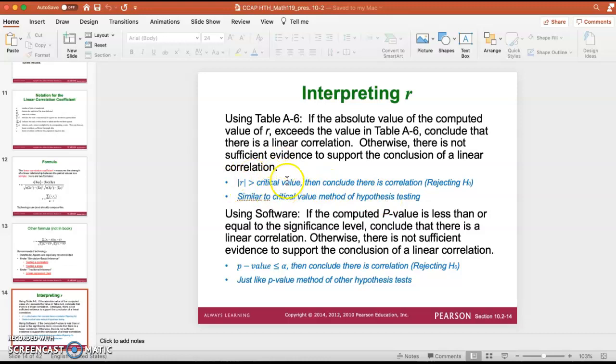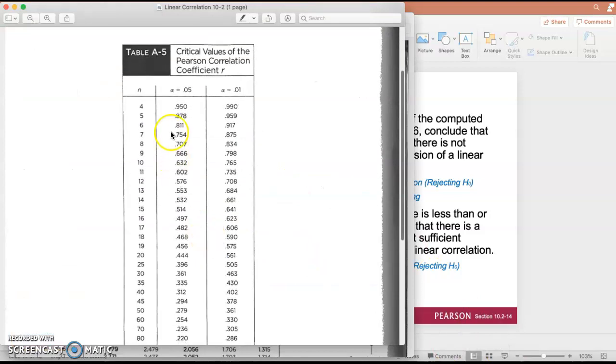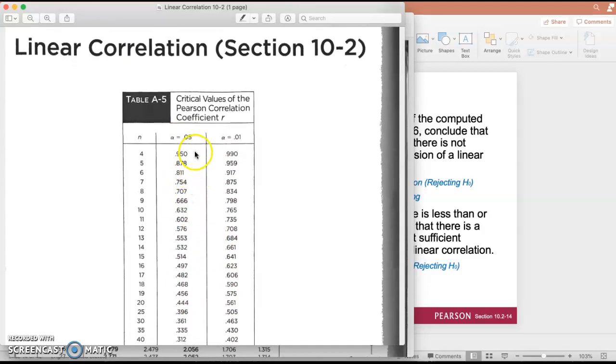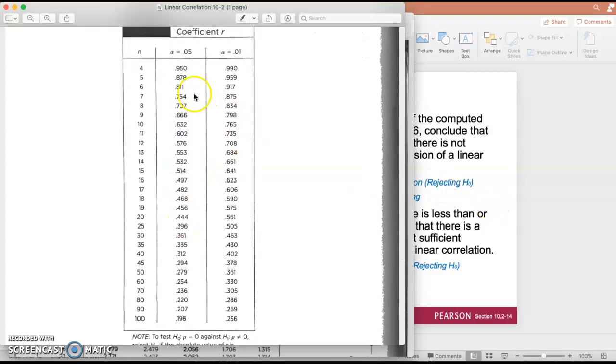But when it's talking about a critical value from table A-6, it's referring to all these values in these two columns, because all these values here are considered critical values for linear correlation, and they'll just depend on whether we're using a 0.05 significance level or a 0.01 significance level for each problem. And so basically, if our computed values exceed these, depending on our sample size, we conclude there is correlation or not.